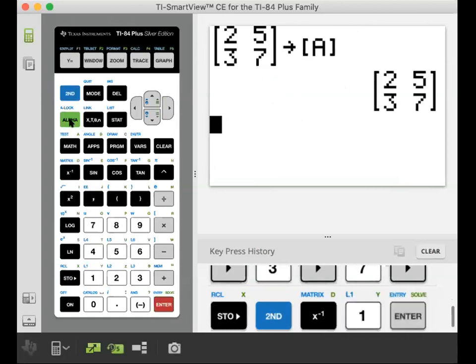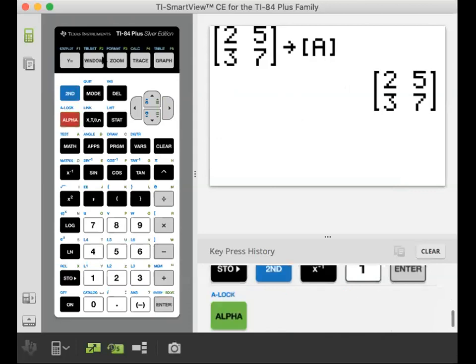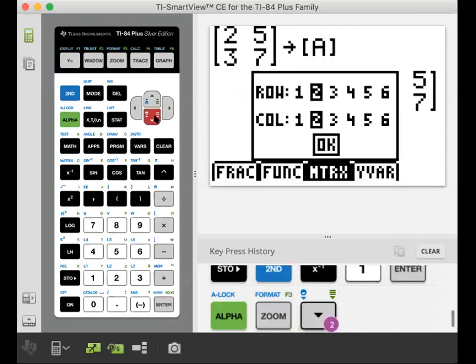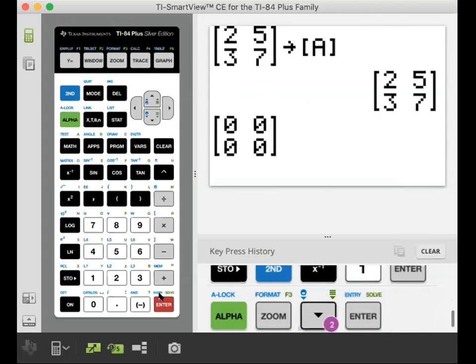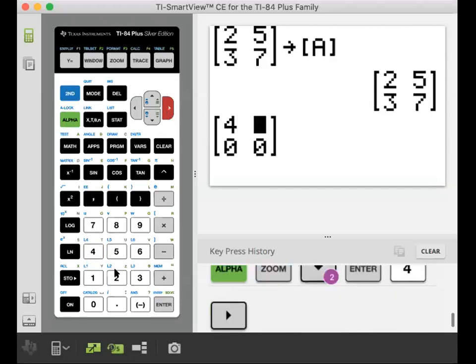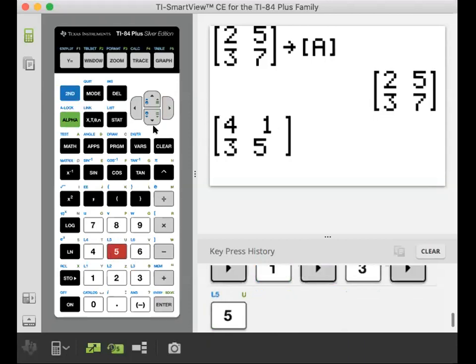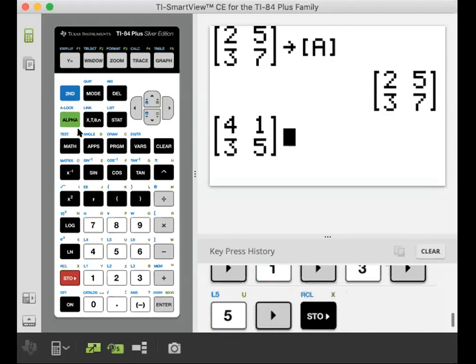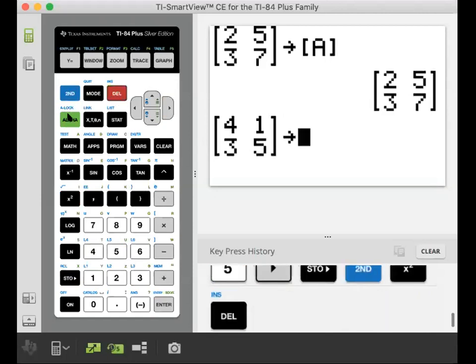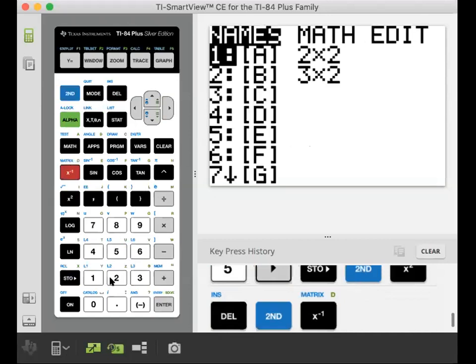And I'll do the same thing here with alpha zoom, 2 by 2. And this one is 4, 1, 3, 5. And I'll store that into second matrix 2.